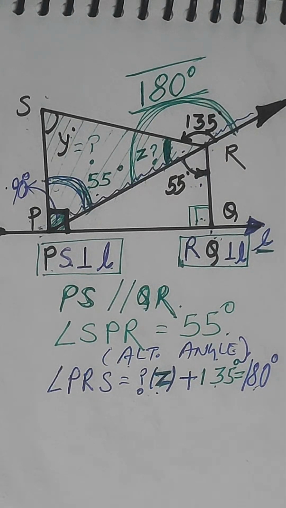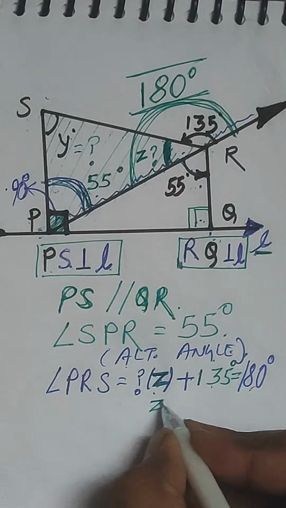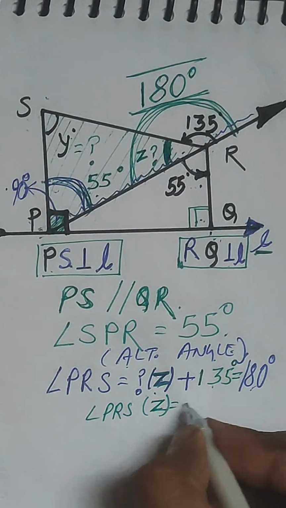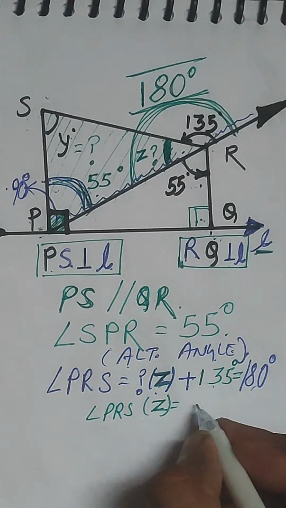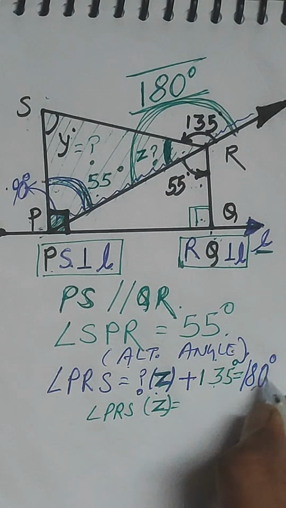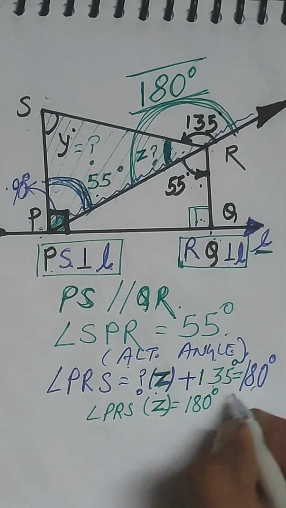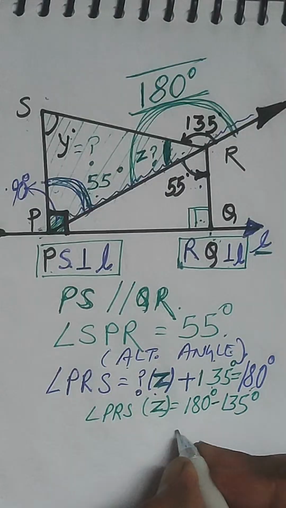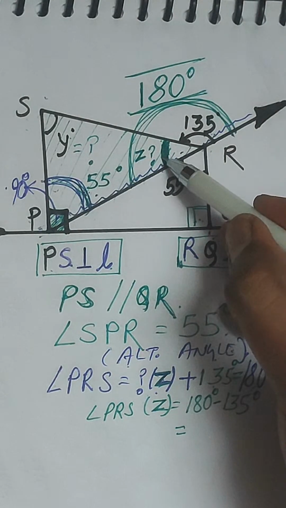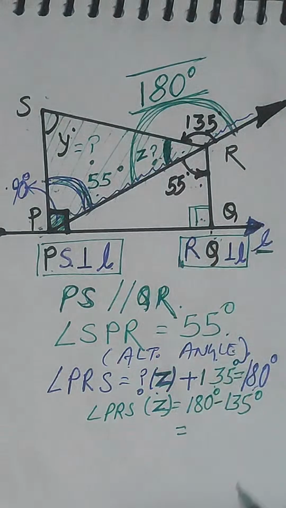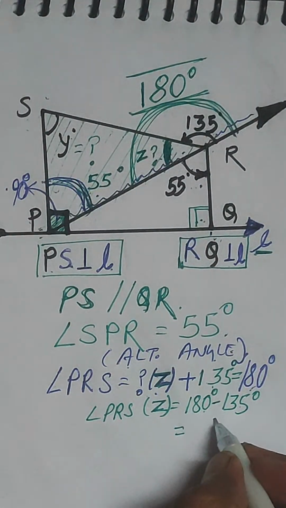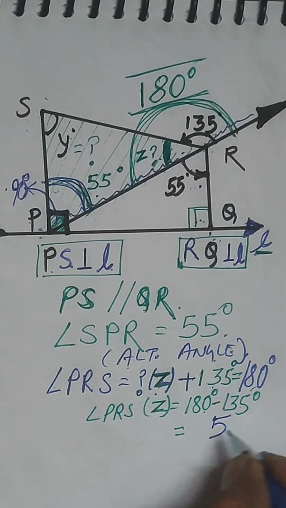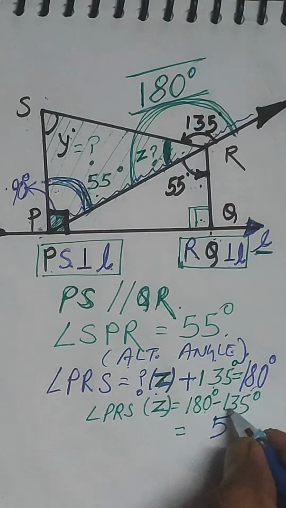Now the value of Z or angle PRS can be calculated from here when we subtract 135 by bringing it into the RHS. In the RHS, 180 is already there, minus 135. So this will give you the value of angle Z as 10 minus 5 is 5, and again 7 minus 3 is 4.